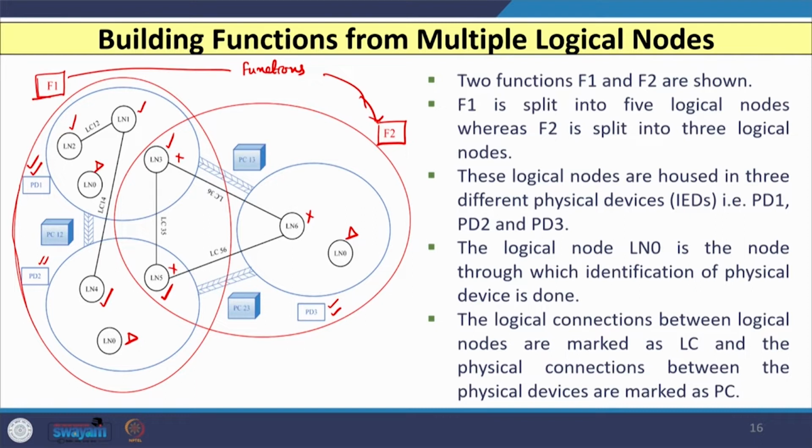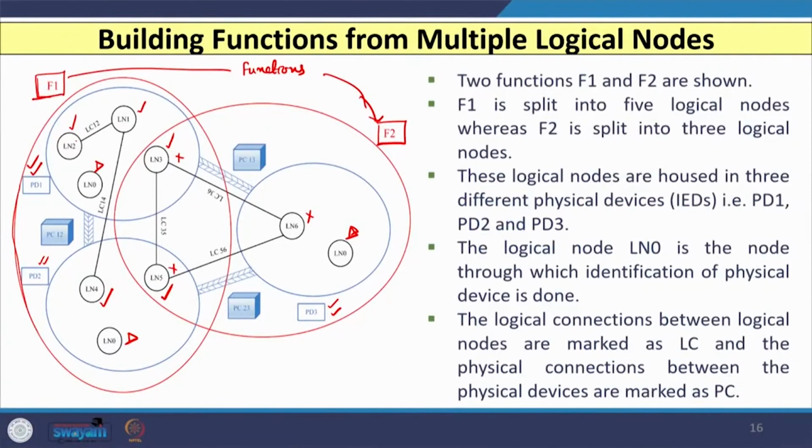So, this LN0 is the node by using which we can identify the physical device name of a particular physical device or ID. So, if I wish to identify the name of a particular ID, then we can use this LN0 node.